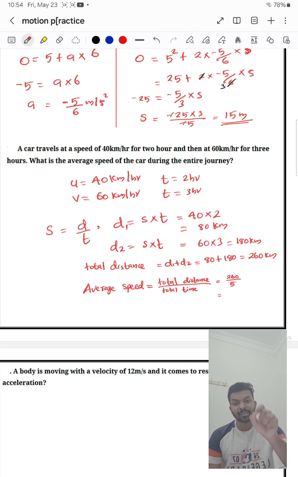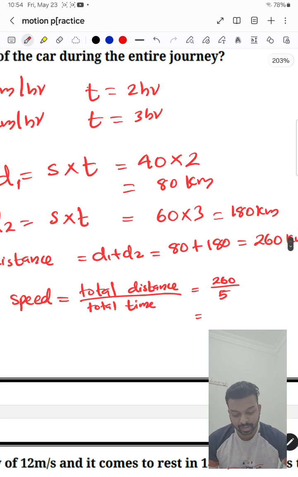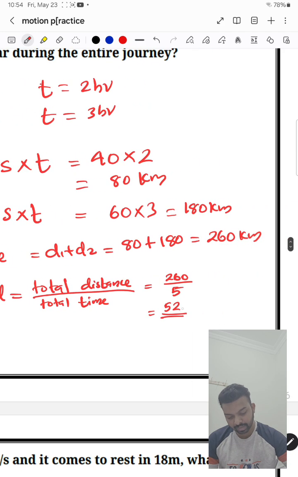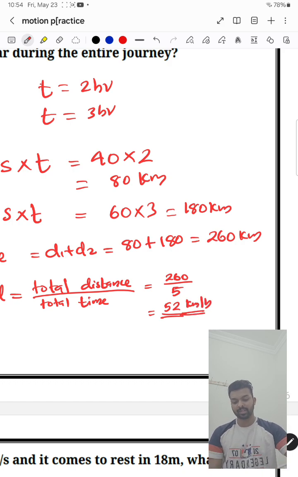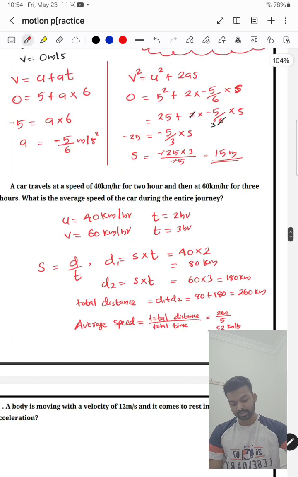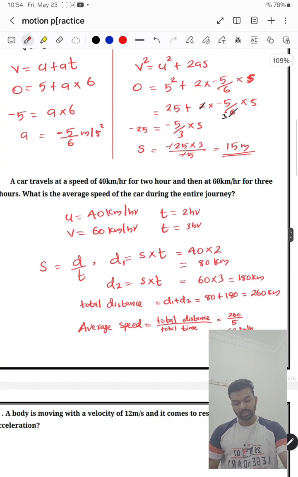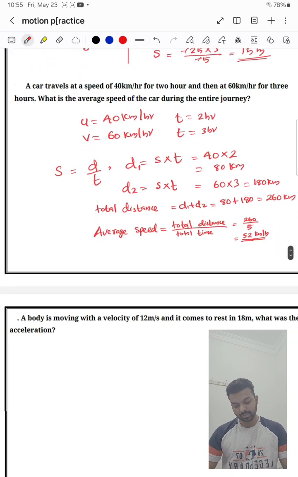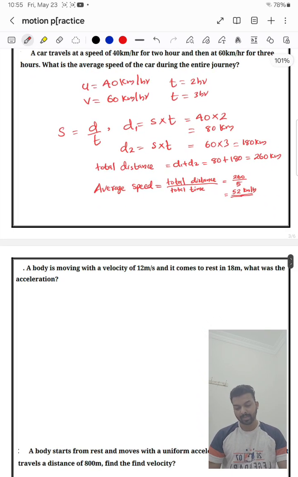Then the remainder will be 10, and 10 by 5 is 2. So 260 divided by 5 will be 52. The answer is 52 kilometer per hour. Okay or not? This is how we find the answer. Average speed is equal to 260 divided by 5, which is equal to 52 kilometer per hour. Ready?